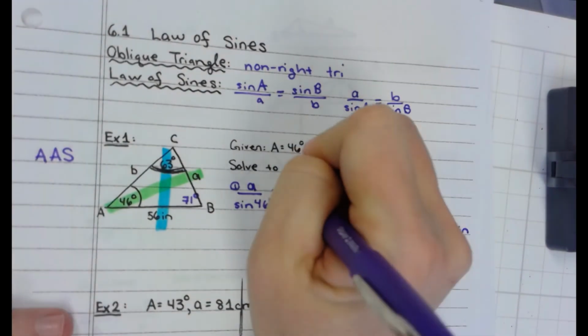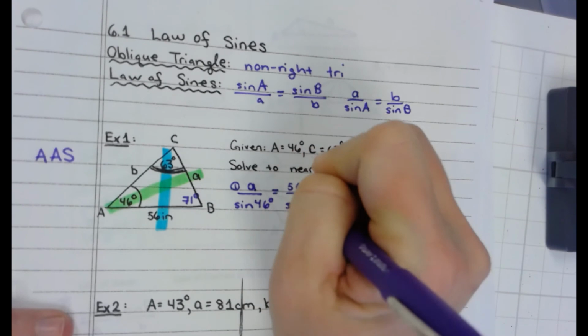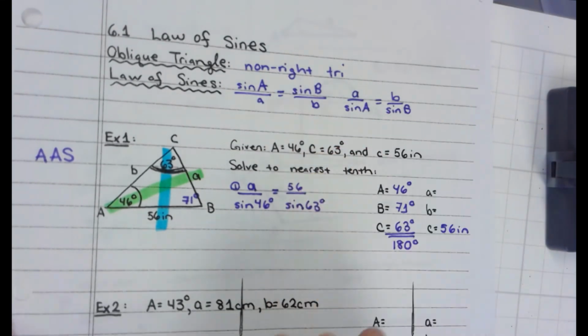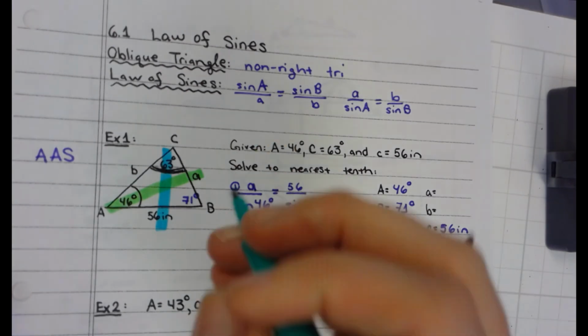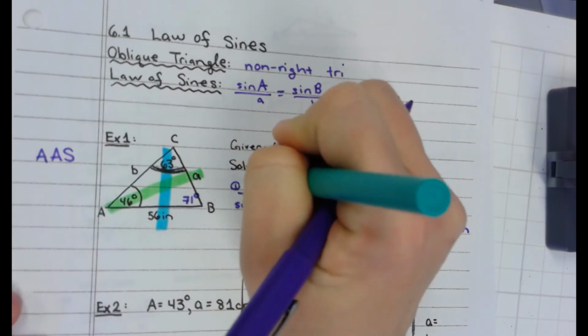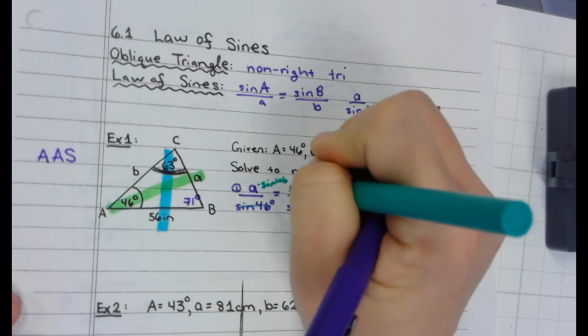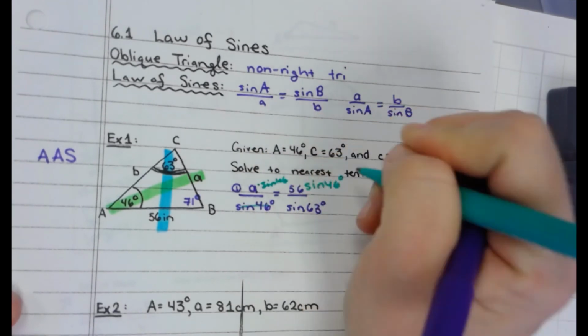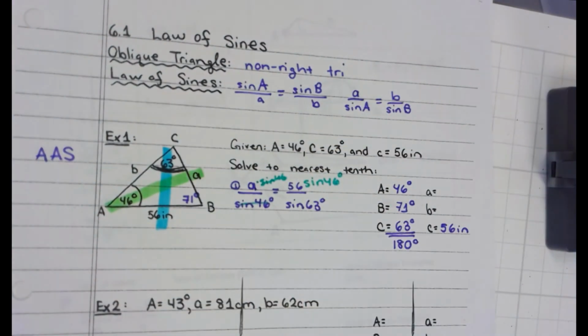So 56 over sine of 63 degrees. Okay, by setting it up this way, we have one algebraic move. It says a divided by sine of 46. How do we get rid of divided by? Multiply. You can cross multiply, but by getting this up to the top, we're just going to multiply. There's only one move you have to do instead of 2.